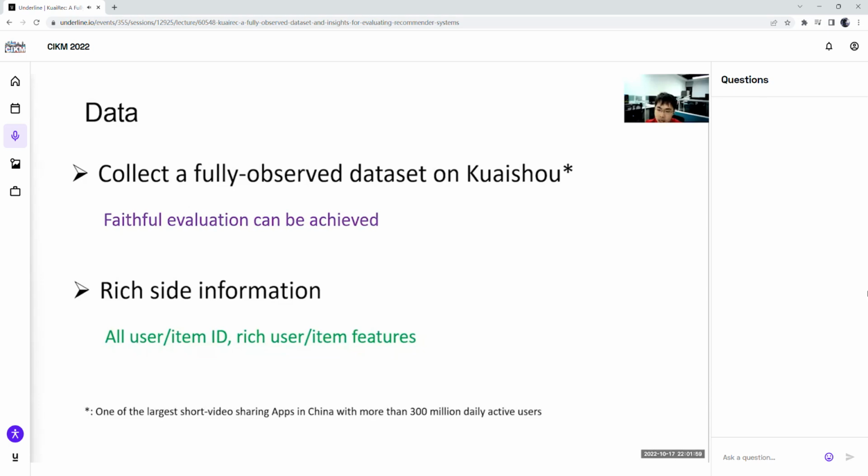The fully observed data can also serve as a benchmark dataset for wide research directions in recommendation, such as reinforcement learning, debiasing, and interactive learning, because it precisely characterizes the whole environment in the recommender system. What's more, this data also contains rich side information, including many user and item IDs, as well as rich user and item features.